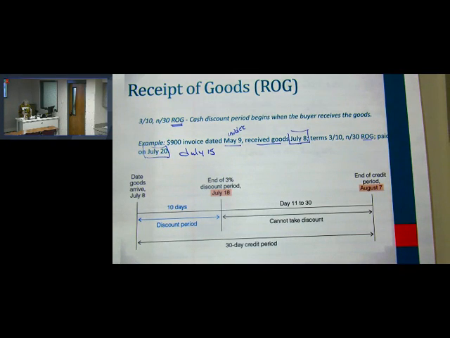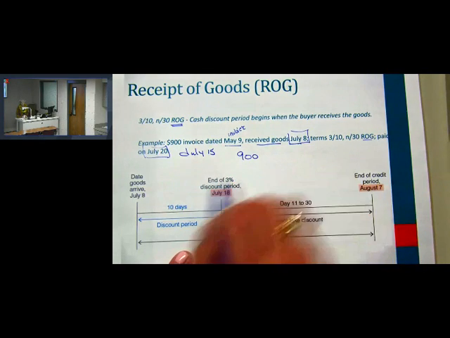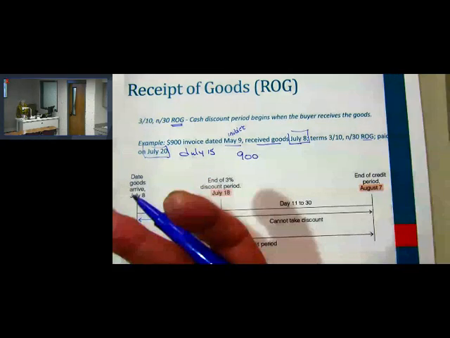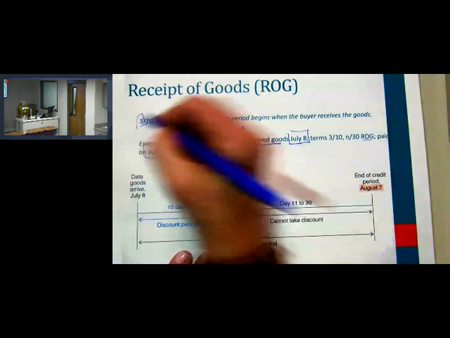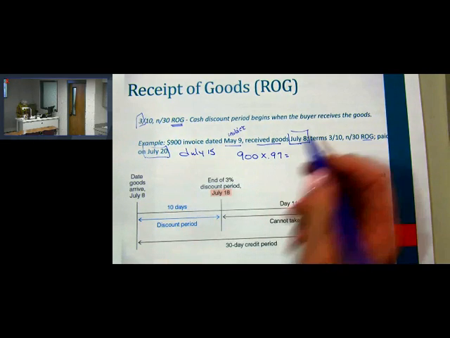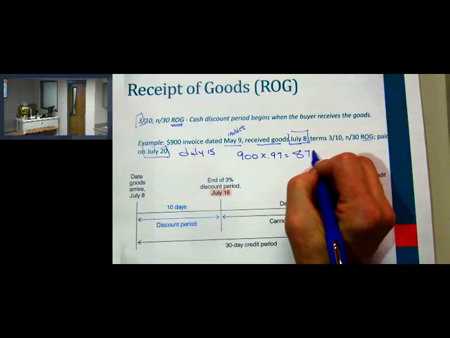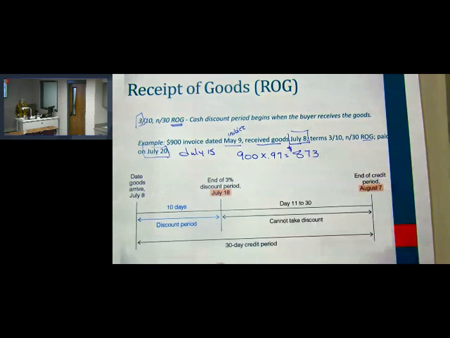And once again, the point I wanted to make with this, if they're getting a 3% discount and you have to figure out what they owe, just take your list price of $900, multiply it by the complement of your 3% discount. So multiply that times 0.97. And when you take the 900 times .97, it looks like they only have to pay $873.